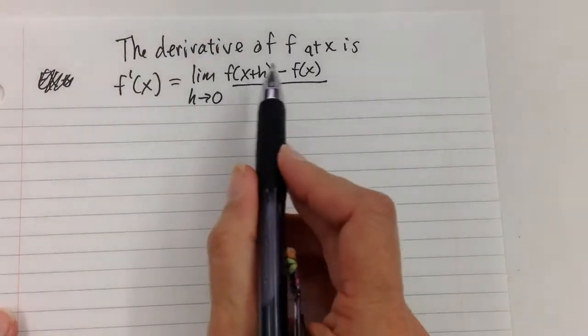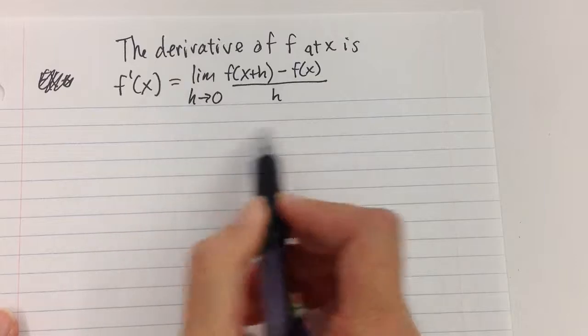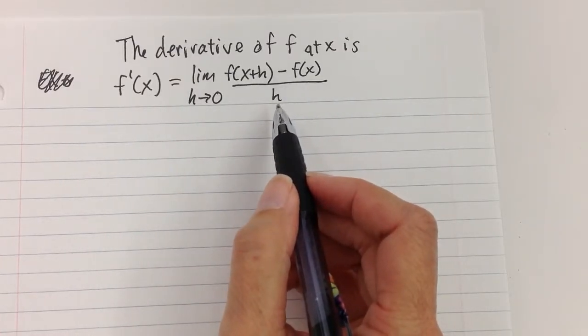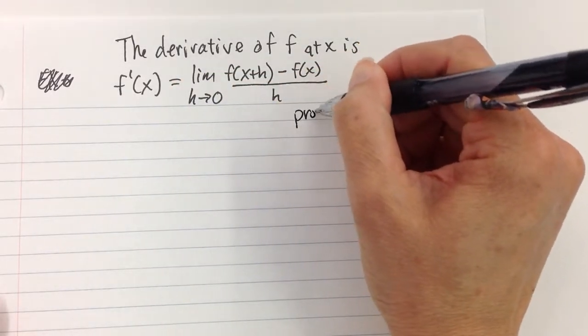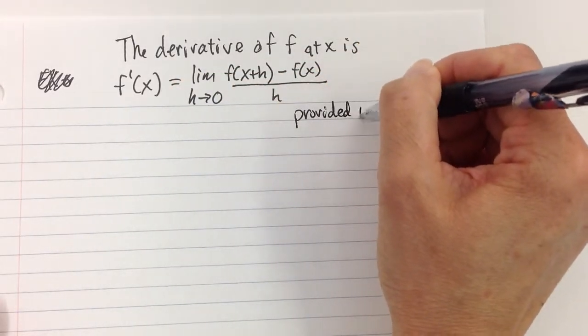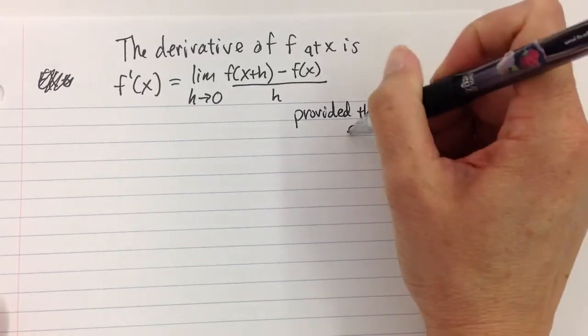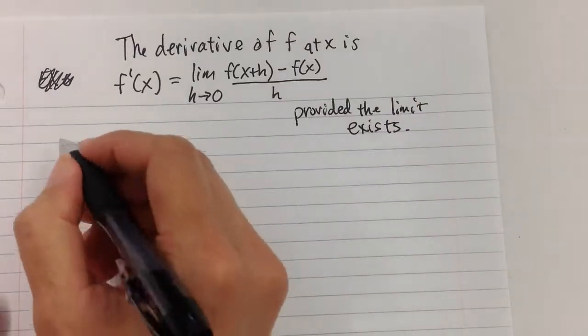Okay. So the derivative of f at x, f prime of x, is basically our difference quotient. And it's provided the limit exists. So that's a little caveat, provided, because sometimes the limit does not exist at a point. Okay, and I like the sentence underneath there.